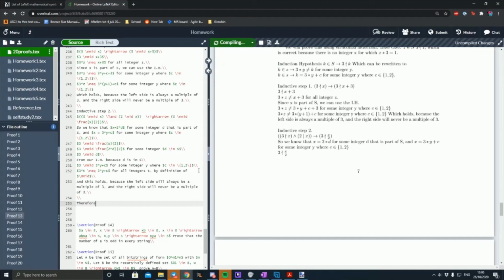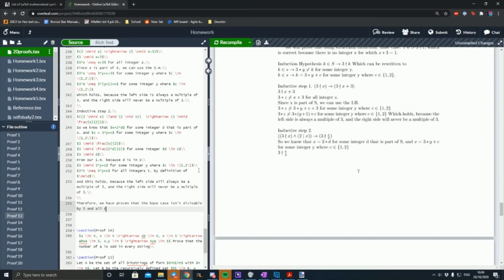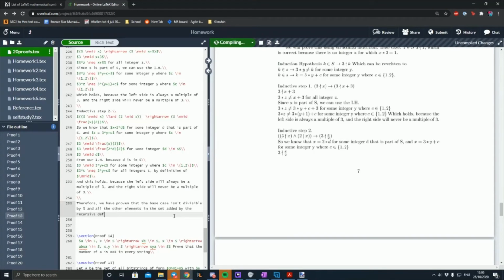Therefore, we have proven that the base case isn't divisible by 3, and all the other elements in the set added by the recursive definition aren't either.